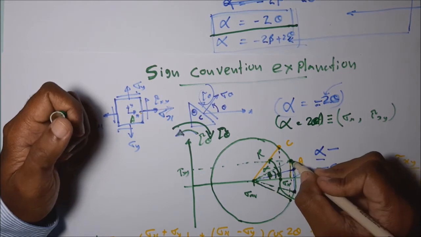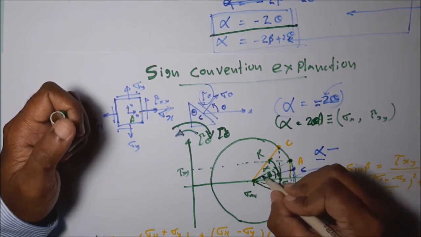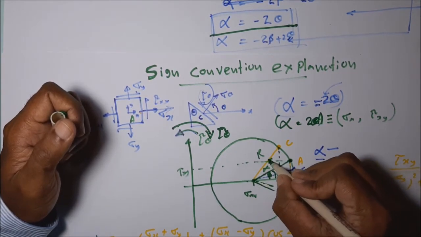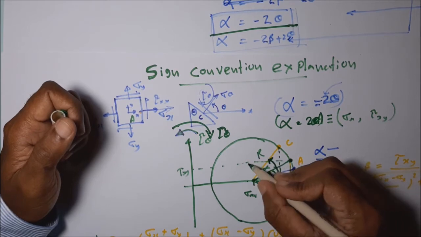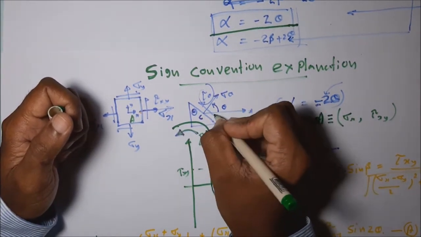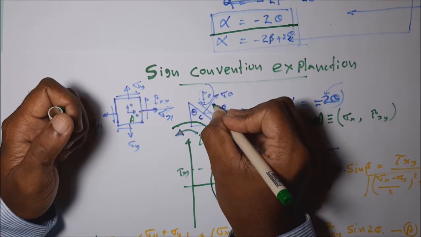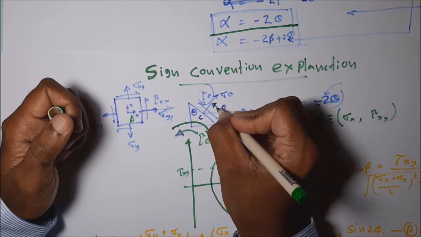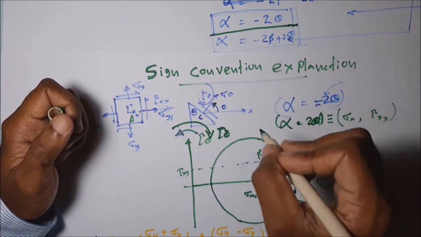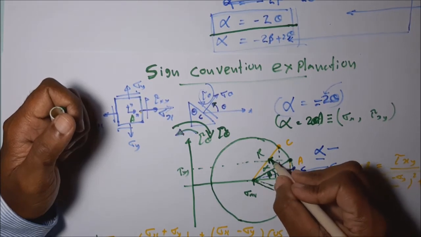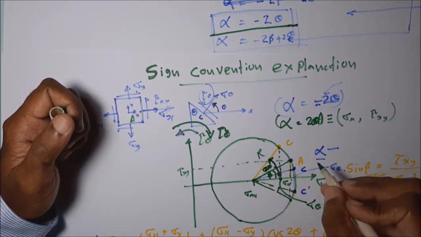That means we measure this angle in the positive, anti-clockwise direction, the same as the angle measuring sign convention in the planar stress problem. We measure it anti-clockwise, and the angle is double.